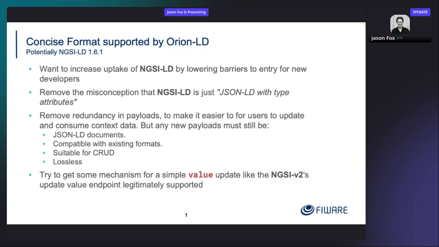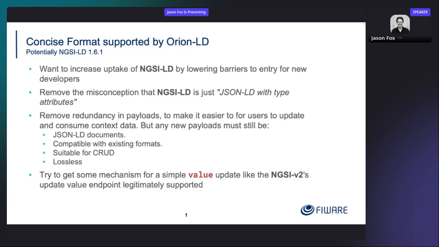Important points are, of course, that every single NGSI-LD payload must be a JSON-LD document. There's no arguments about that. It must remain compatible. It must be able to do all the operations which were covered previously, and it must be lossless.